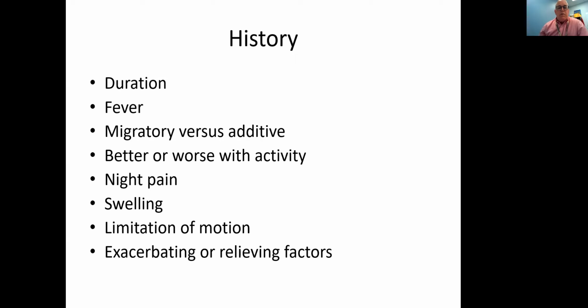JIA tends to present with swelling and limitation of motion out of proportion to pain. So it's very common that the family will say, I just noticed that her knee was huge and she never complained of it. I have a family who was playing cards and they noticed that their daughter's knuckles were swollen.